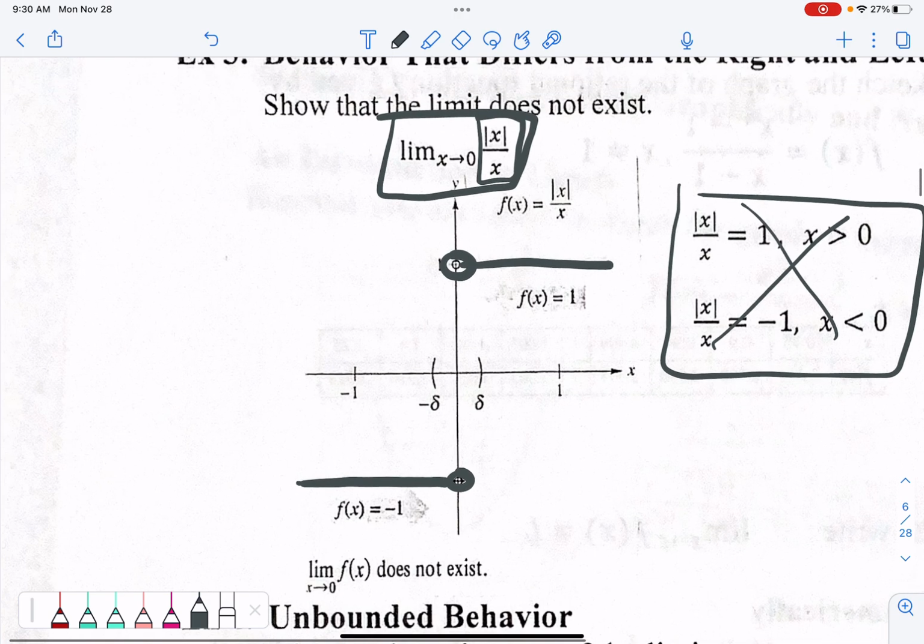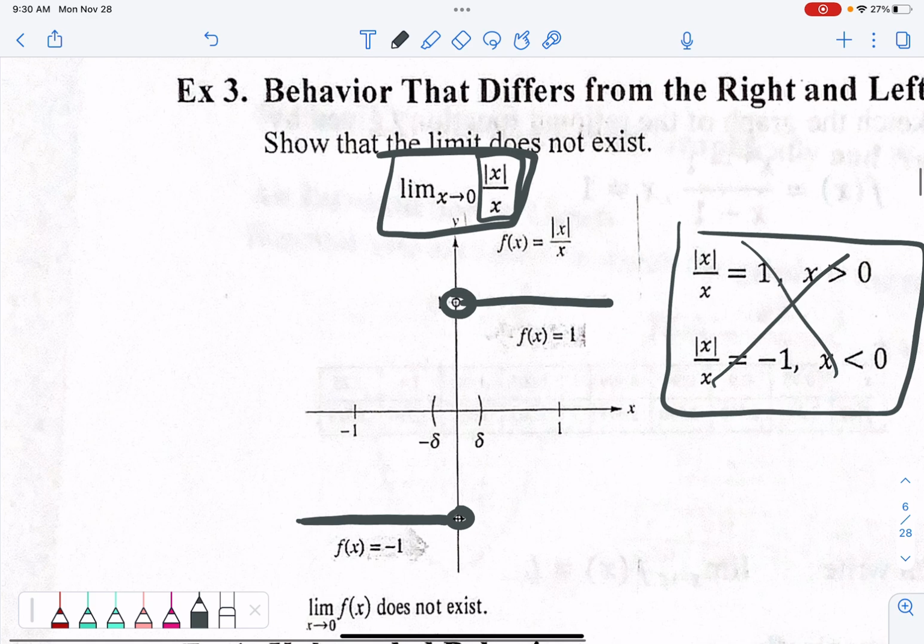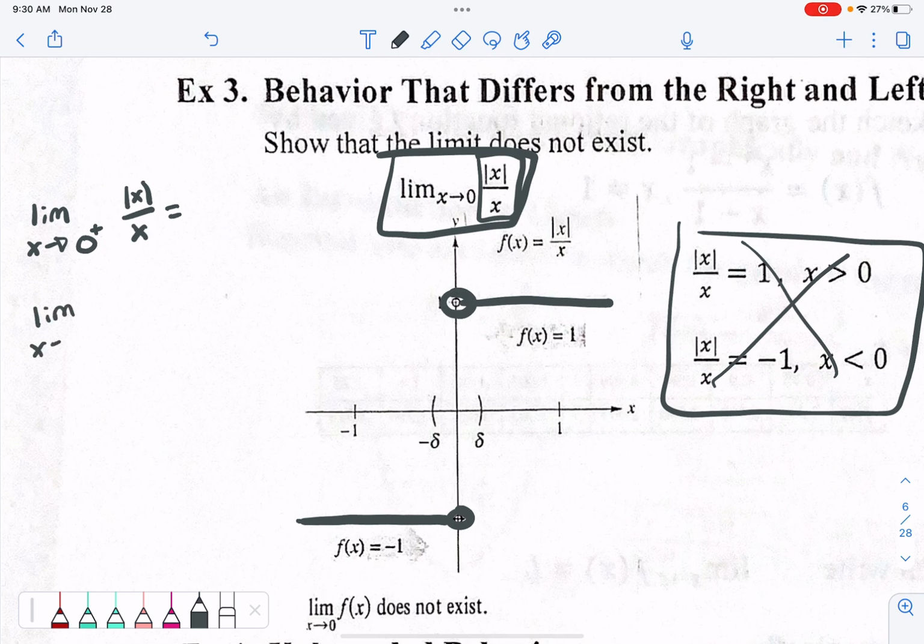All right, so I'm going to introduce something else to you that talks about left hand and right hand behavior. Let's find the limit as x goes to 0 plus, and I'll tell you what the 0 plus means in a second. I'm going to find that limit, and then the limit as x goes to 0 minus of that function.